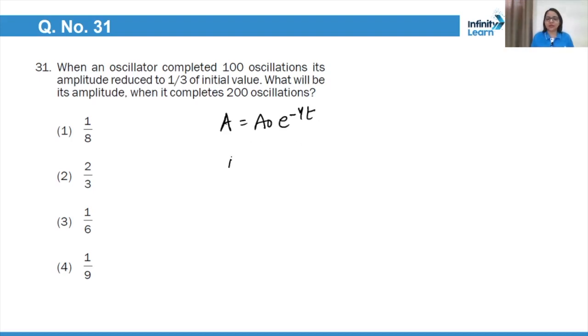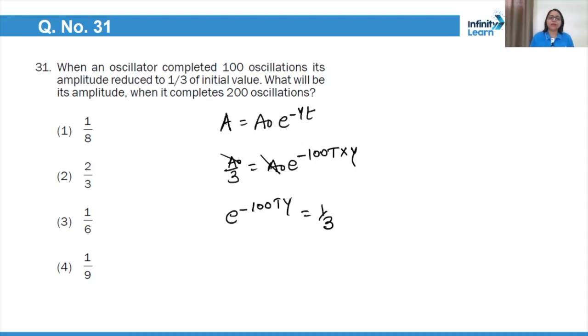So you can write A naught by 3 equals A naught e power minus 100 T gamma, where capital T is the time period of one oscillation. So I have the value of e power minus 100 T gamma as 1 by 3.